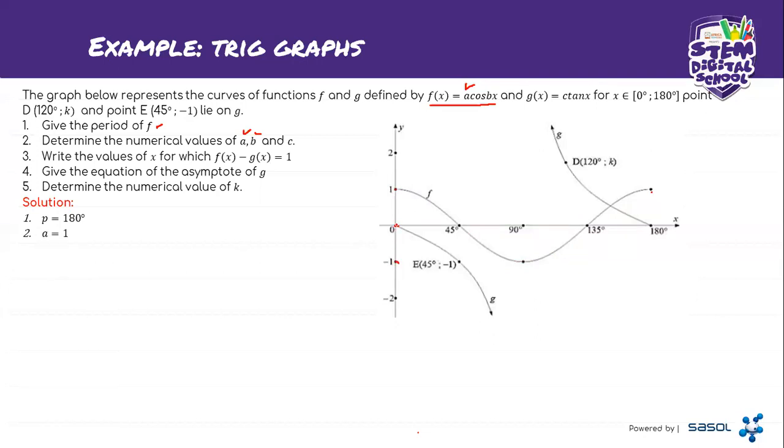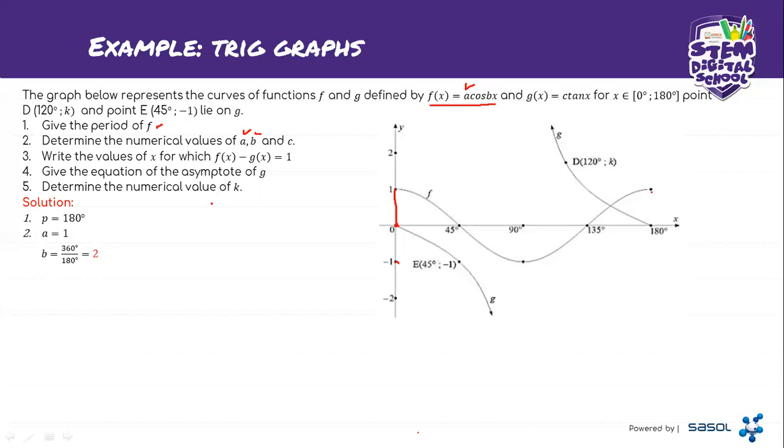If you can see the amplitude of this graph, then you already determine the value of a. Remember, the amplitude is the height from the center line. This is the center line here. So the height from here to the maximum is 1, meaning the amplitude of this graph of f is equal to 1. Therefore, a is also equal to 1, because a determines the amplitude of the graph.